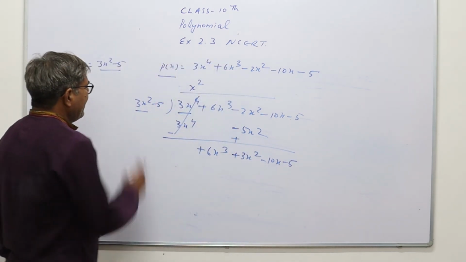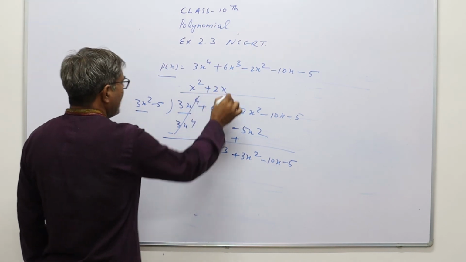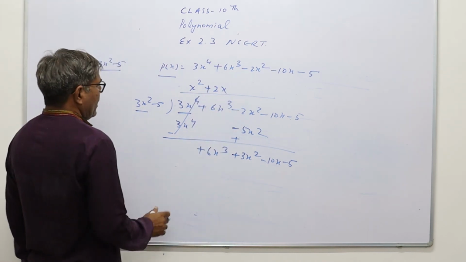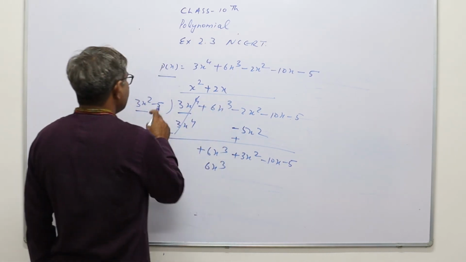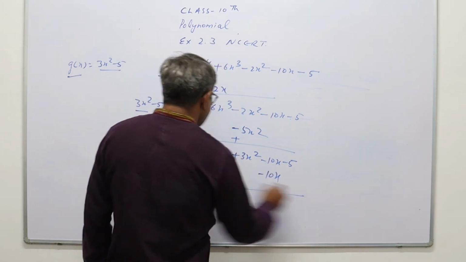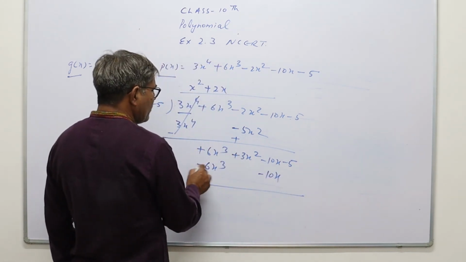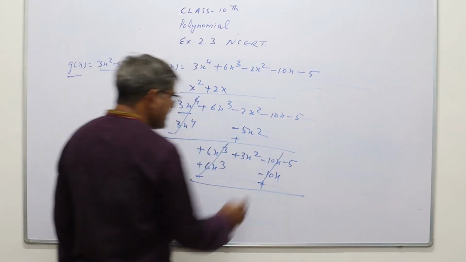Now, if we multiply the divisor's first term by 2x, then 2x into 3x square is 6x cube, 2x into minus 5 is minus 10x. On subtracting, change the sign, so plus minus minus plus. These two terms will be cancelled out.